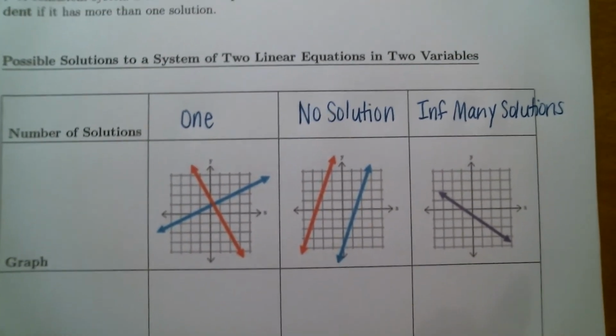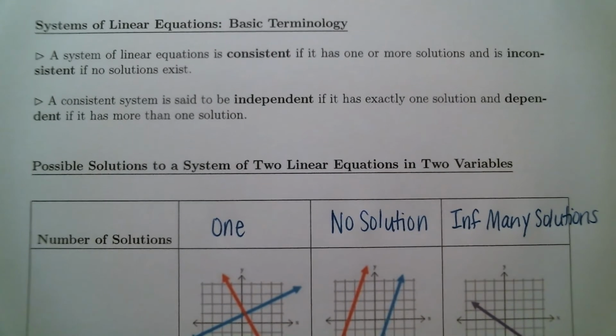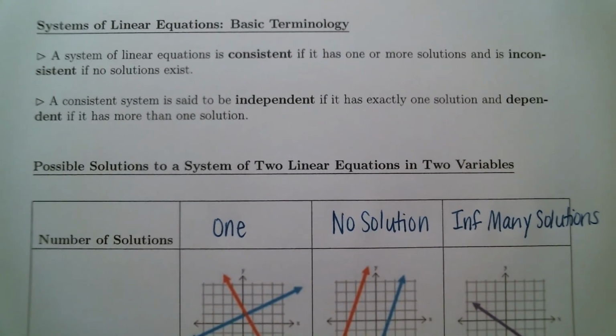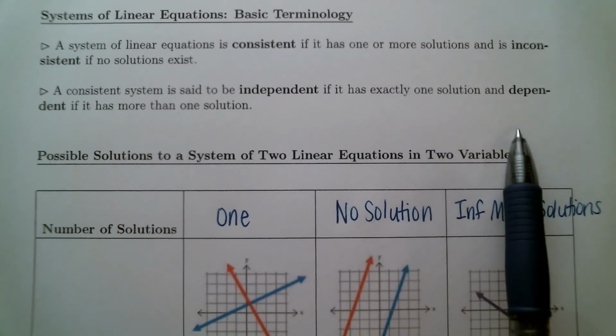So there's some terminology you might hear, so let's go over that. The first bullet point says a system of linear equations is consistent if it has one or more solutions and is inconsistent if no solutions exist. So consistent means it has a solution, inconsistent means no solution. Then there are the terms independent and dependent.